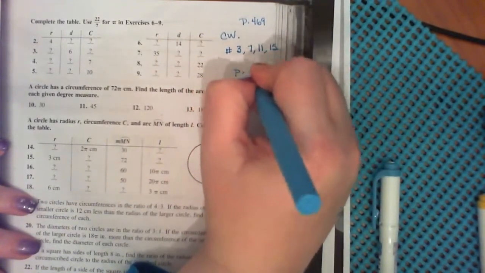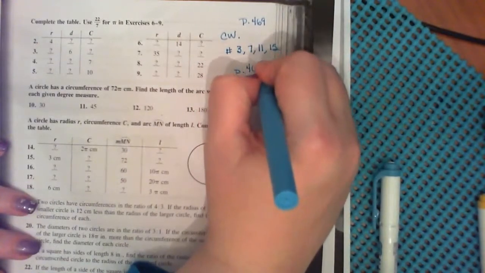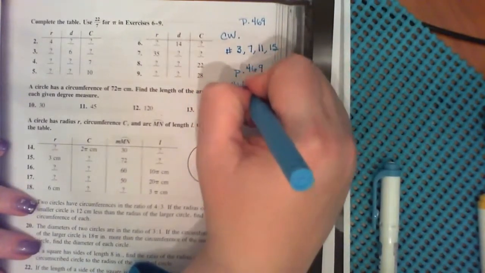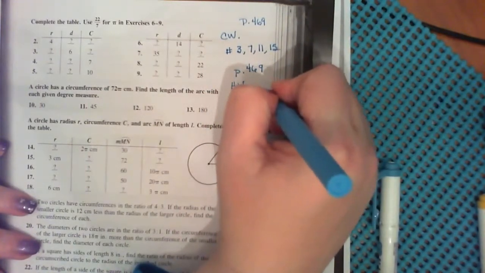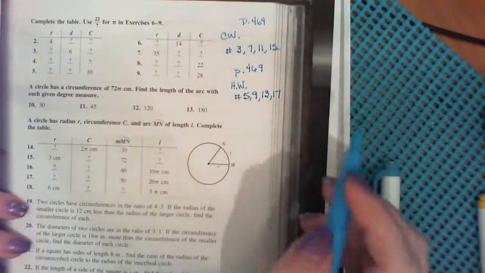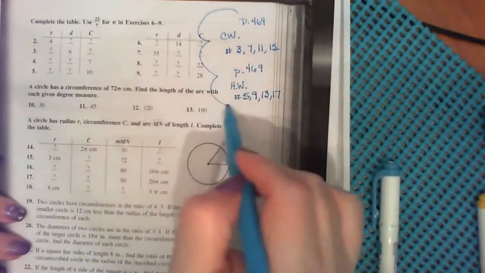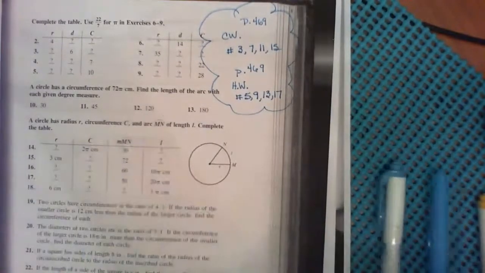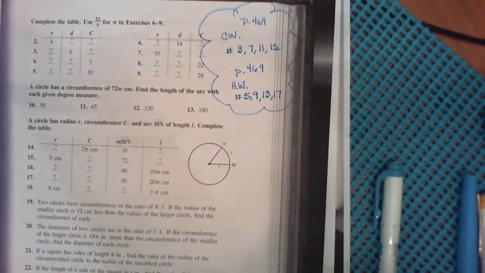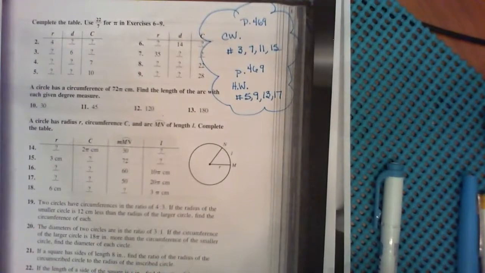And then on page 469, the homework is numbers 5, 9, 13, and 17. All the answers to those are in the back. Aren't you happy? I will talk to you tomorrow, I hope.